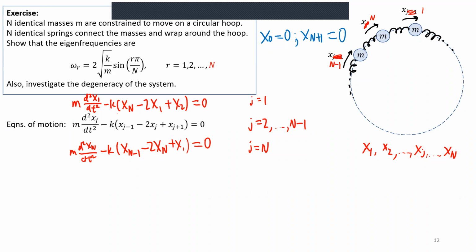Remember that at that time, this x0 and this xn plus 1 are not really part of the systems, right? We basically add these two additional masses on the two sides where they are always fixed.